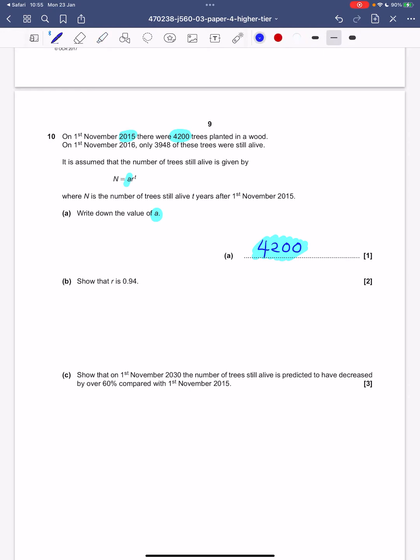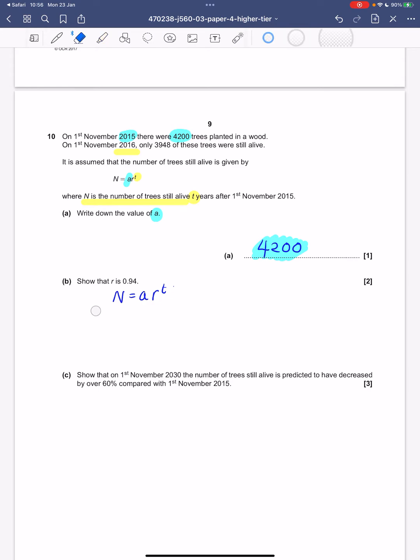Okay, so if we look here, I'll change my colour now for this. t is the number of years, and we've got 1 year here, because we go from 2015 to 2016. So we know n is a r to the t, where n is the number of trees still alive.